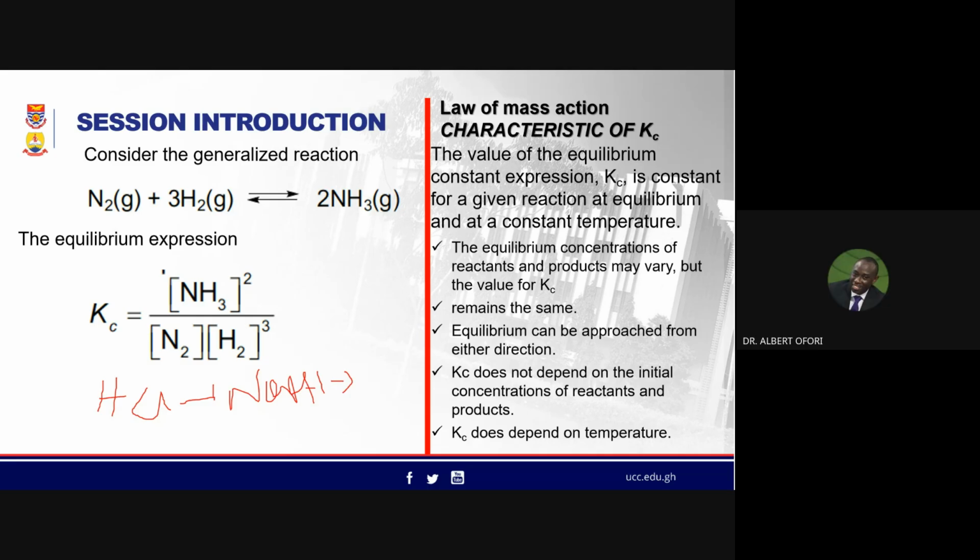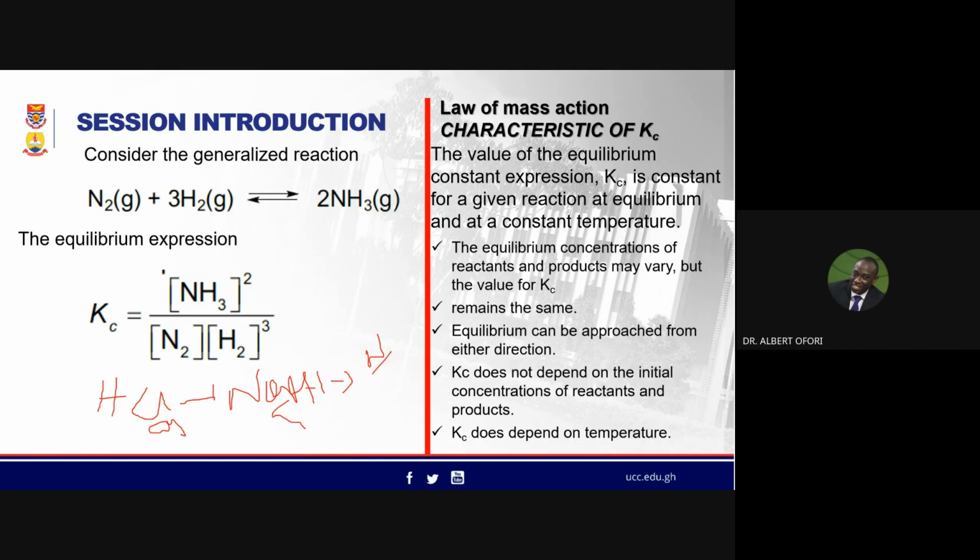Now, the states or phases of the compounds must be clearly stated. So hydrochloric acid is going to be aqueous, sodium hydroxide is going to be aqueous, sodium chloride is going to be aqueous, but the water will be liquid.